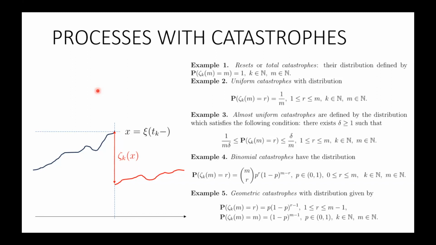Also, people consider it as the underlying process. So it's not necessarily an integer process. It can be various things. So this is a type of catastrophes, a type of distribution.